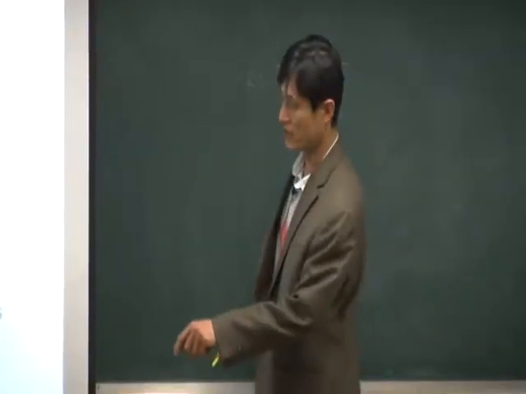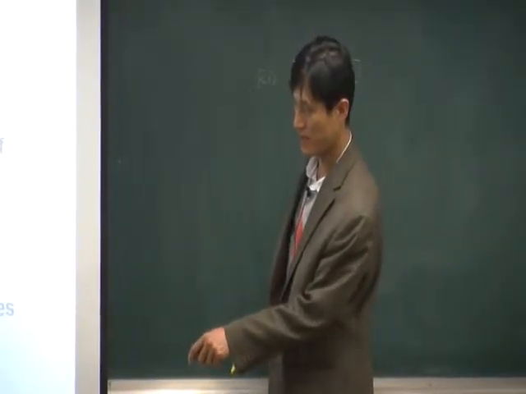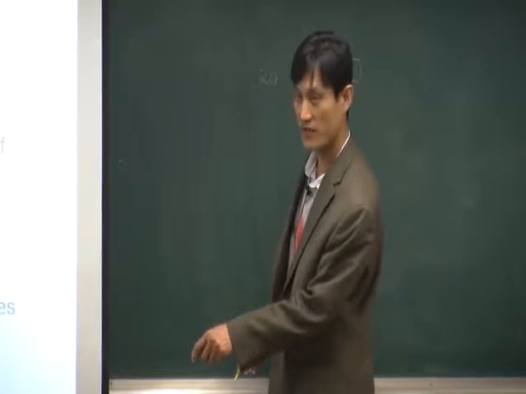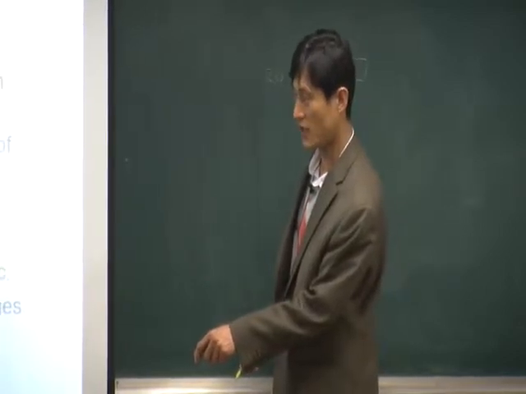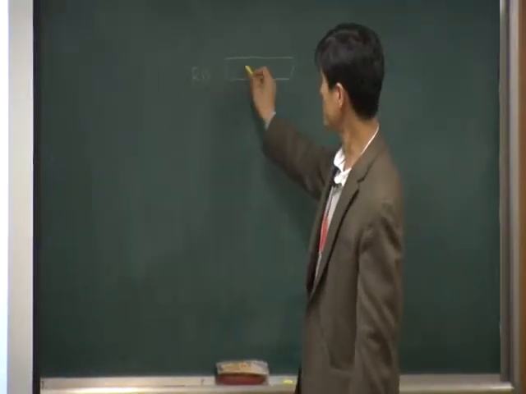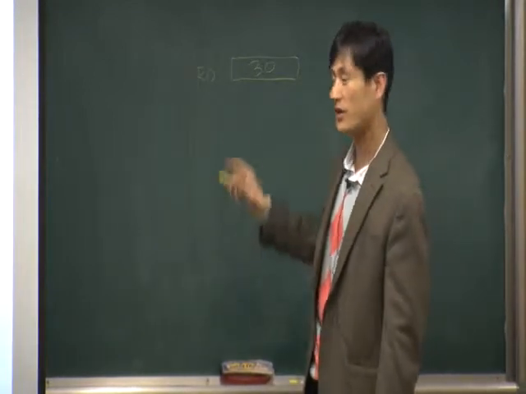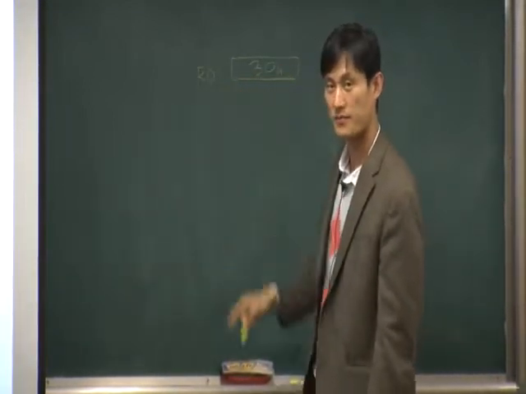So once you execute the first instruction, since you see the pound here, this is an immediate value. This 30H now goes into R0. So once you execute this, R0 will have 30H.